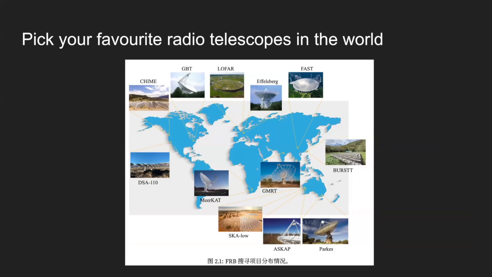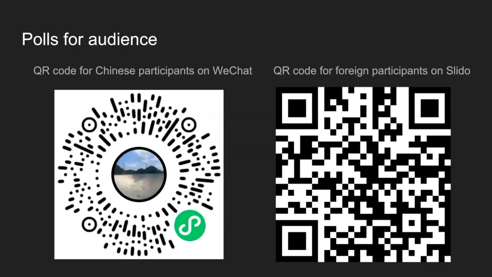Let's list several radio telescopes for FRB search and FRB observation. It's just a list, not a limitation. You may think of other telescopes we ignored, but now I want you to scan the code and pick your favorite telescopes, up to 3.